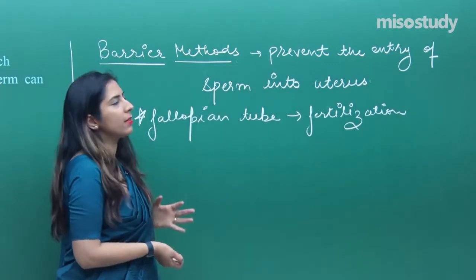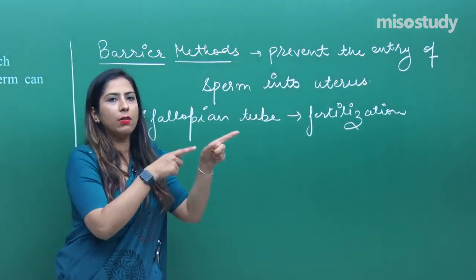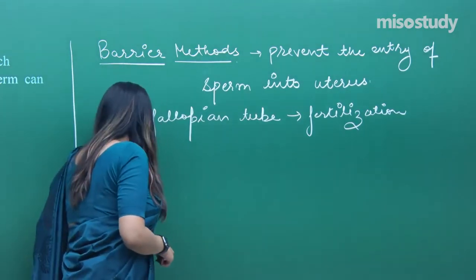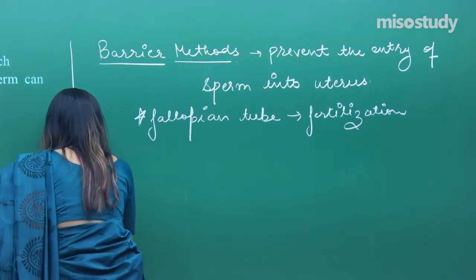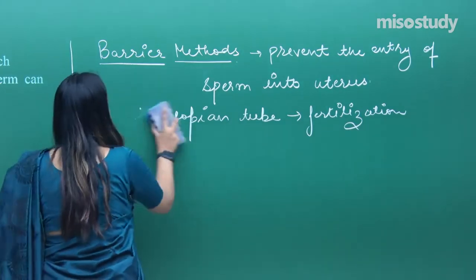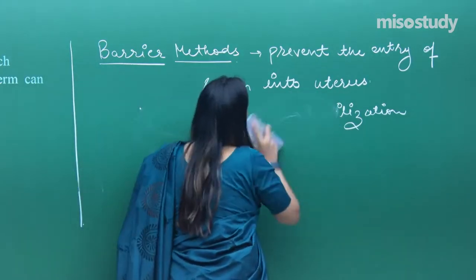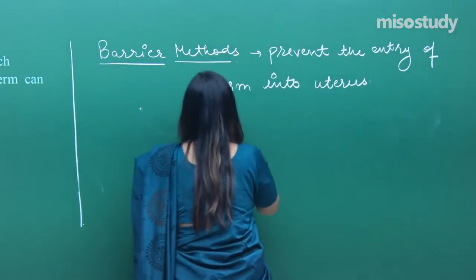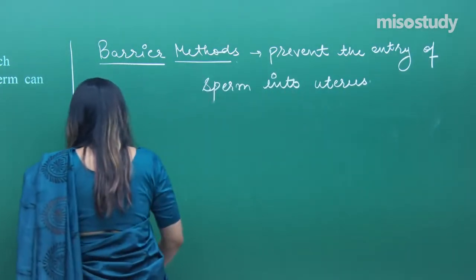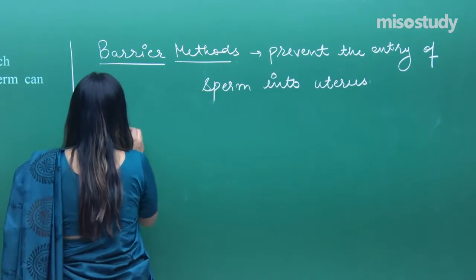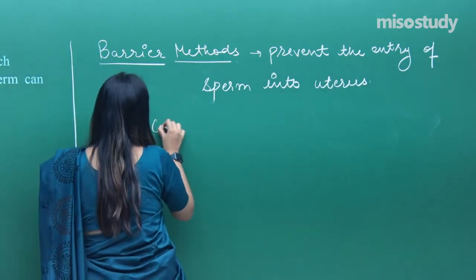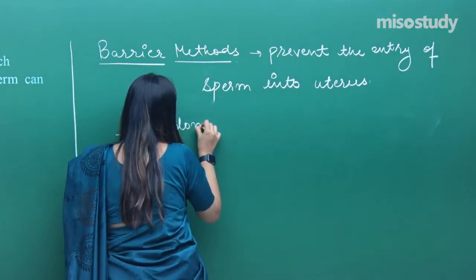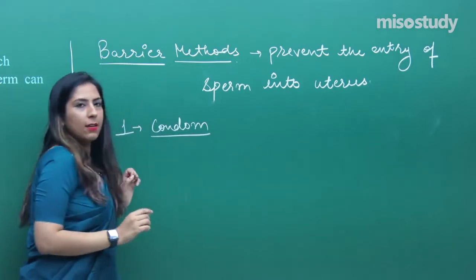Now, in the barrier method, we will not allow the entry of the sperm into the vagina. There are certain barrier methods, some basic methods we have all heard about. First is the condom.